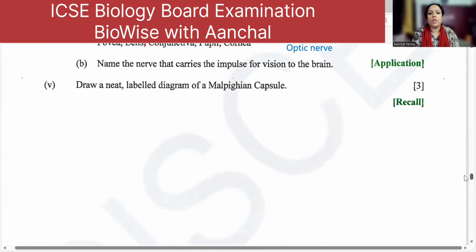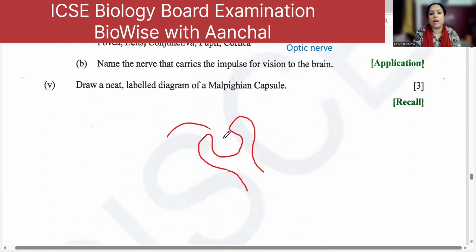Moving on, draw a neat labelled diagram of the Malpighian capsule. Now this diagram has already been given. Here also you have to show the Bowman's capsule, and a broader afferent arteriole and a thinner efferent arteriole.